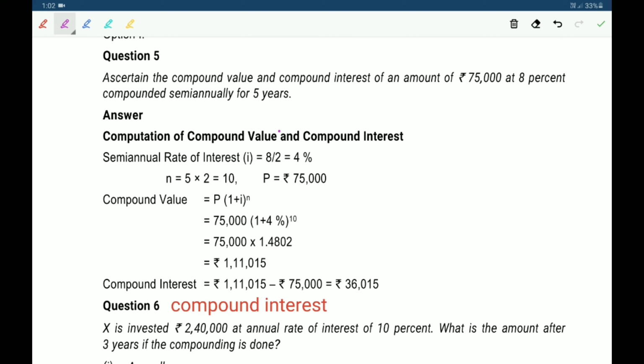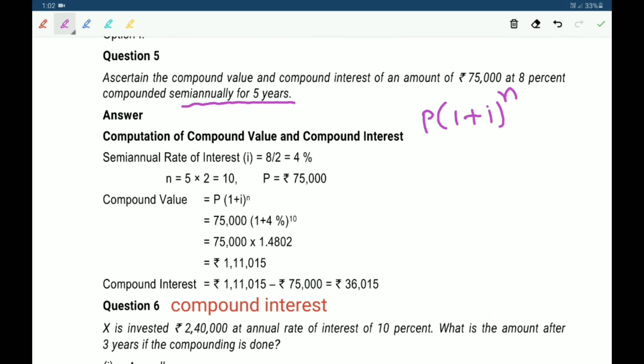Next, question number 5. Ascertain the compound value and compound interest of an amount of 75,000 rupees at 8% compounded semi-annually for 5 years. So this is also an easy formula, easy problem. So compound value, what is the formula? P into 1 plus i whole power n. Okay, what is the amount?